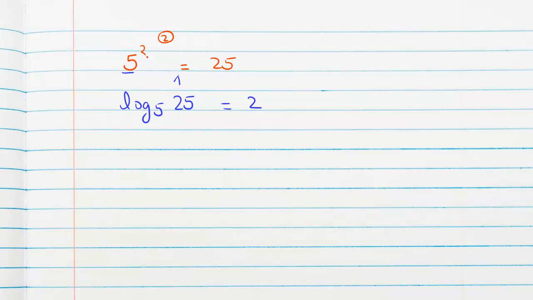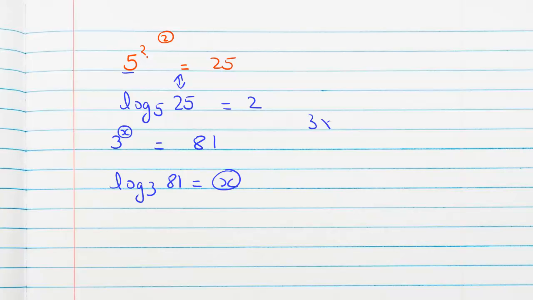These two statements are exactly the same. Another example would be, let's say, 3 to the power x is equal to 81, or log base 3 of 81 is x. So this power and this x are the same.